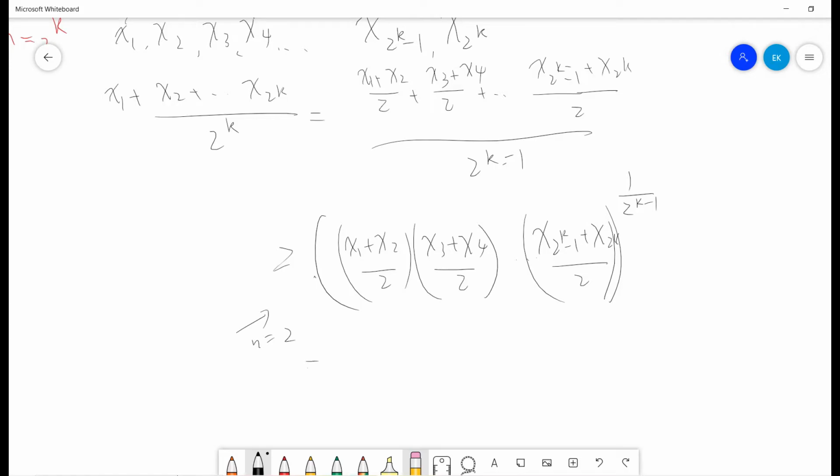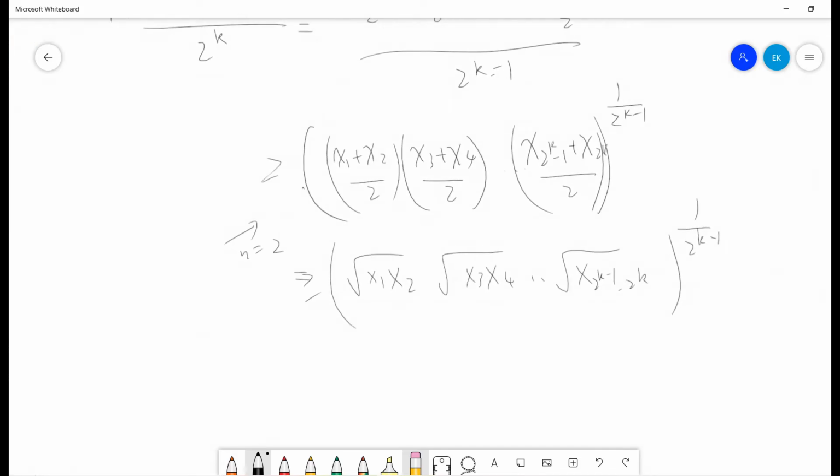So this is greater than or equal to square root of x1 x2, square root of x3 x4, up to square root of x_{2^k - 1} x_{2^k}, to the 1 over 2^(k-1). So I can combine all of these since they are all in the square root. So I get x1, x2 up to x_{2^k - 1}, x_{2^k}, to the 1 over 2^k, because there is a square root.